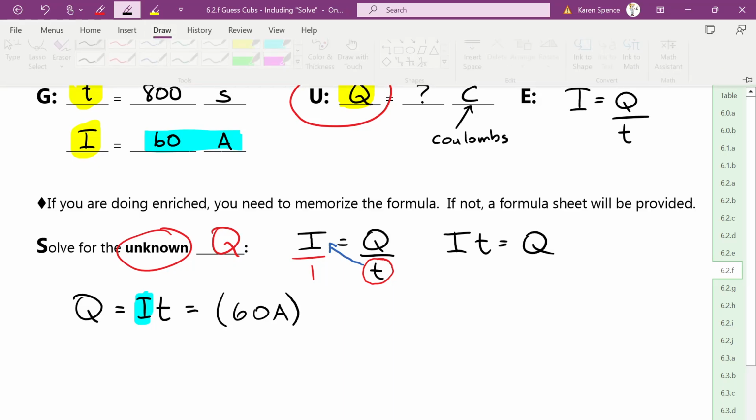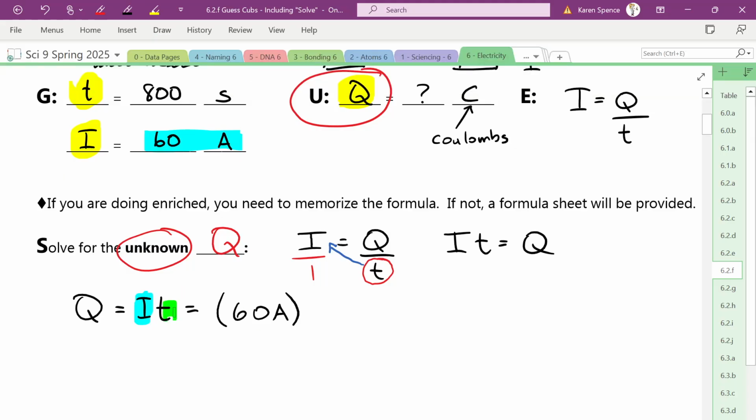Our T is 800 seconds. So we're going to write 800 seconds. So that was GUS S. So we substituted. And now we are going to C, calculate.